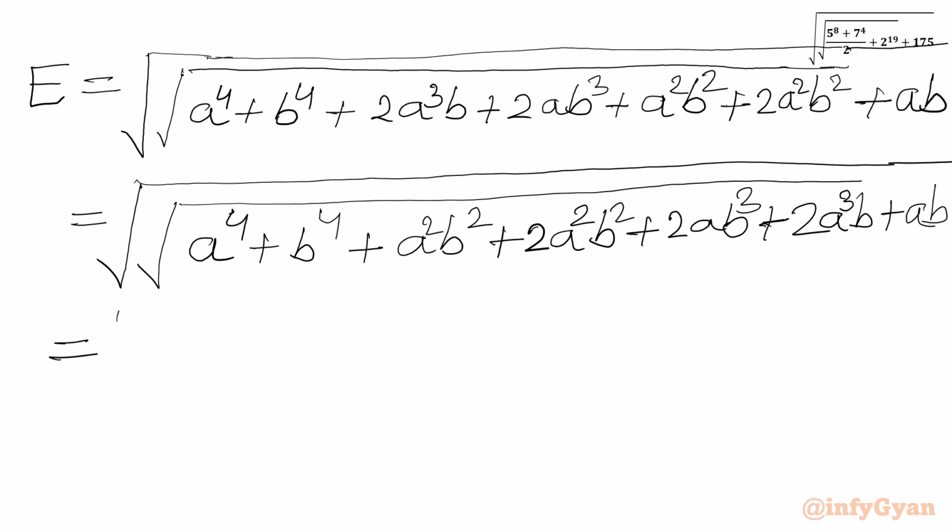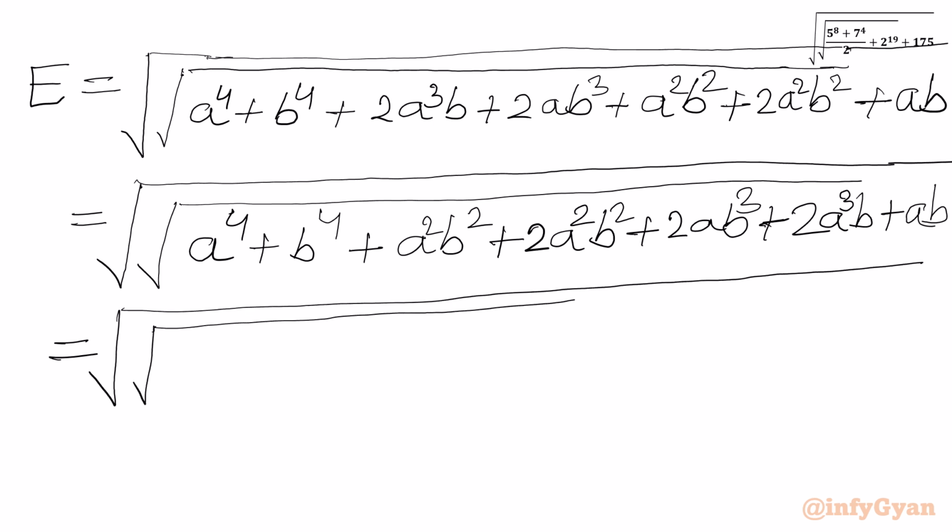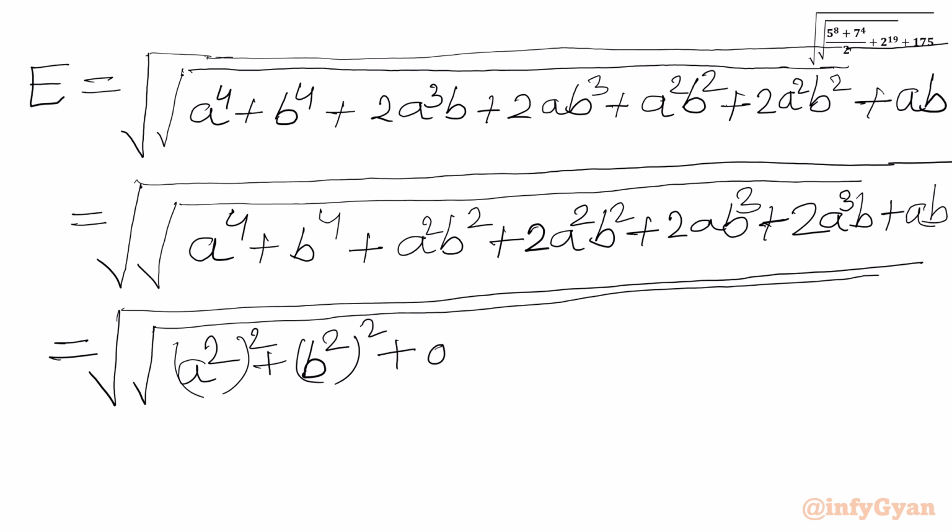So this will be equal to a square root of. I can write A power 4 as A square whole square, B power 4, we can write B square whole square. Then A square B square I will be writing AB whole square.